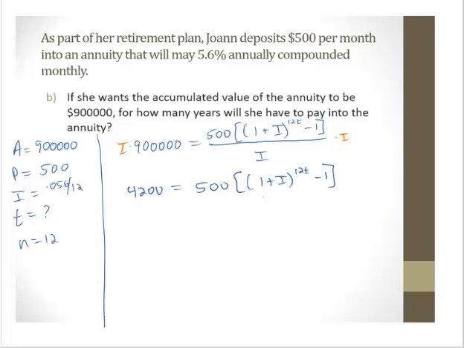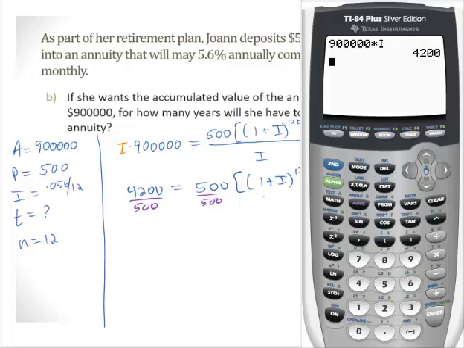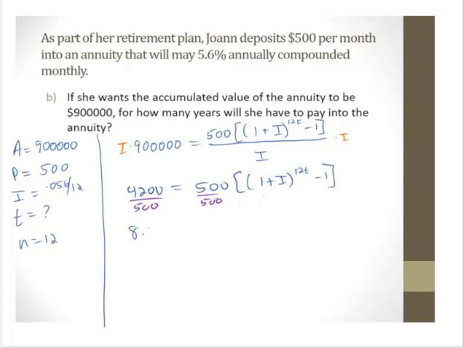I'll divide through by the 500. 4,200 divided by 500, that's 42 over 5, is 8.4. I don't really need the brackets anymore. Add 1 to both sides: 9.4 is equal to 1 plus I to the 12t.